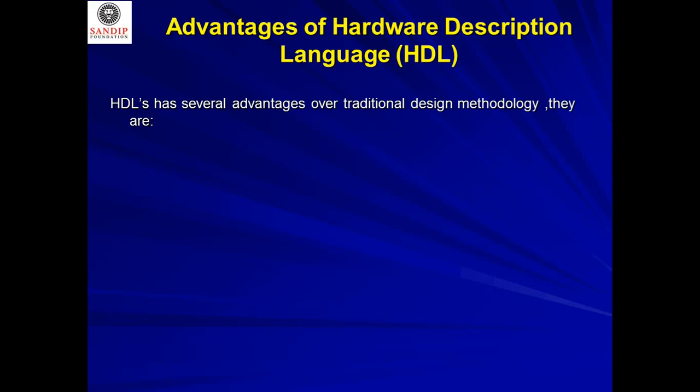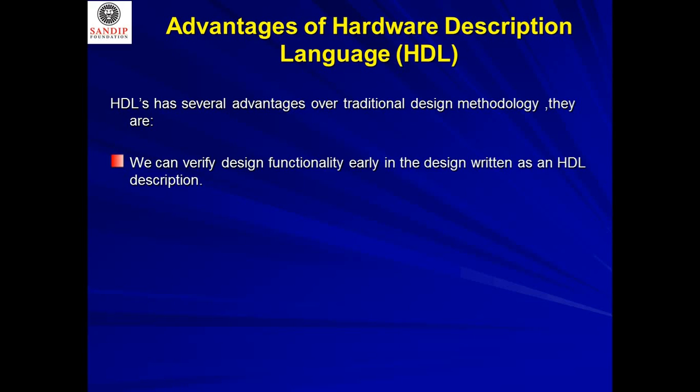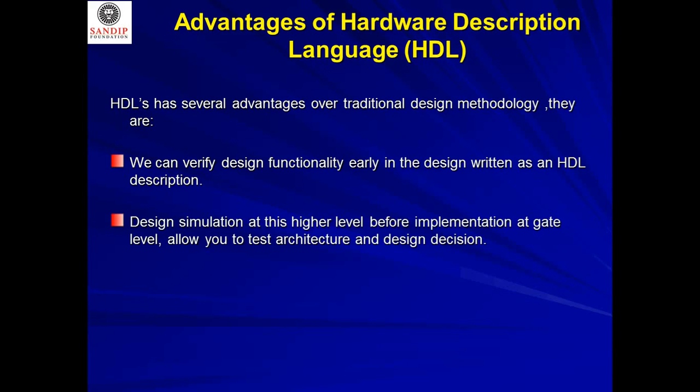The hardware description language has several advantages over the traditional design methodology. They are: we can verify design functionality early in the design written as an HDL description. We can simulate the design at a higher level before implementation at gate level, which allows us to test architecture and design decisions.